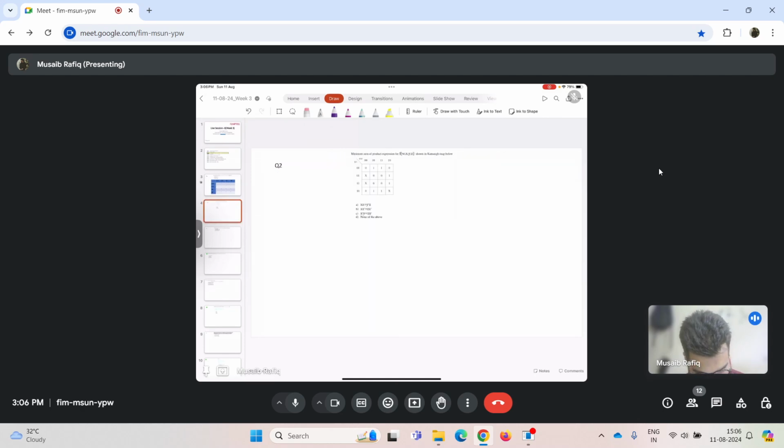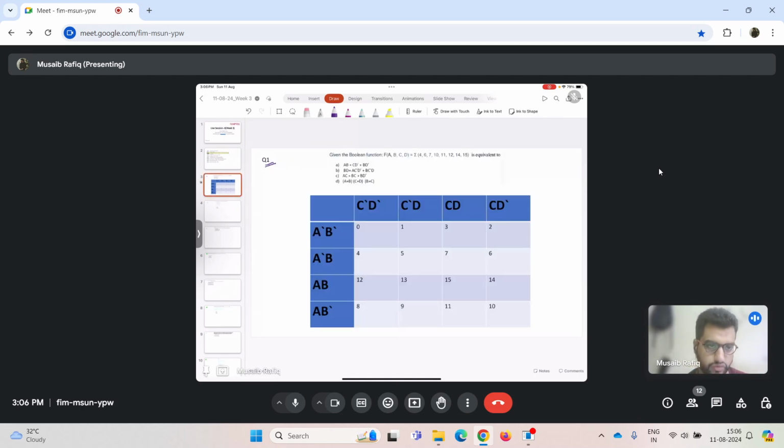Before we proceed, let's construct a 4 cross 4 K-map. Here I have already drawn one for your reference. I'll again make a smaller version here. We have a square. Since it is a 4 variable function, we will have a 4 cross 4 K-map like this.